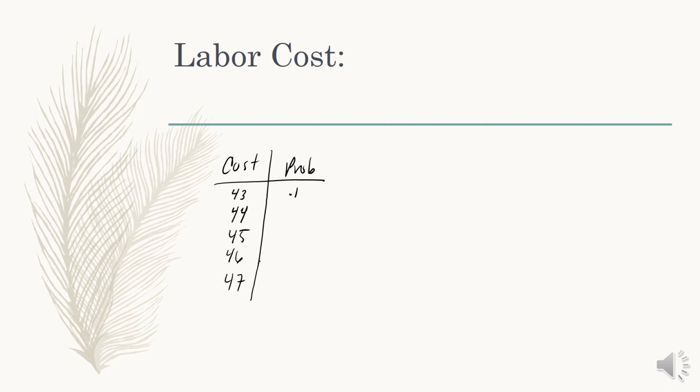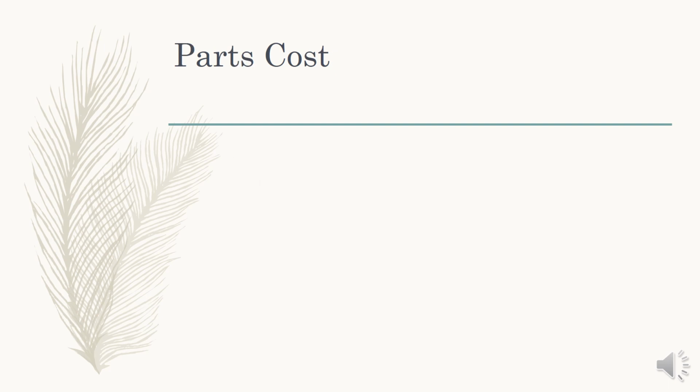So there's a 10% chance that it's going to cost them $43 for labor. There's a 20% chance it's going to cost them $44. There's a 40% chance it's going to cost $45, so that one's the most likely. And then there's a 20% chance it's going to cost $46, and a 10% chance it's going to cost $47. So what they've done is they've looked at this based on past experience. They don't 100% know what it's going to cost them, but they have probabilities associated with it.